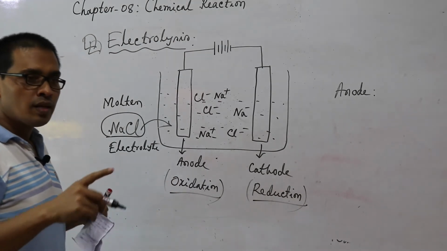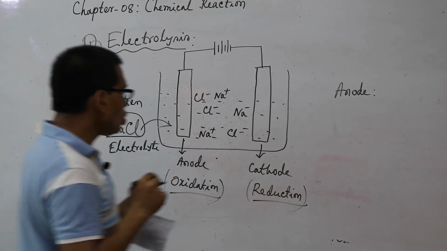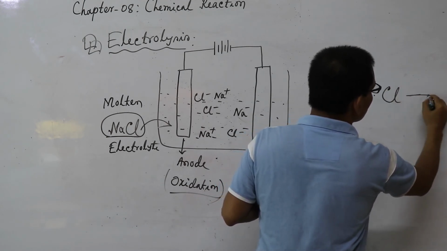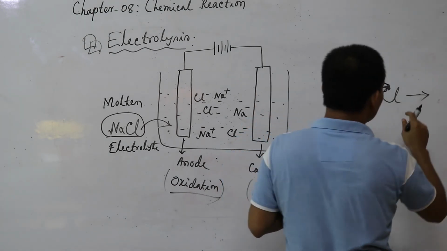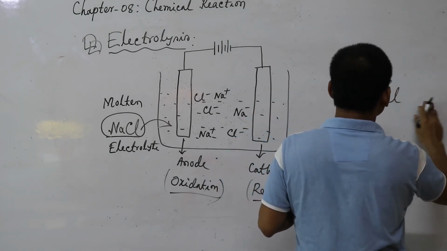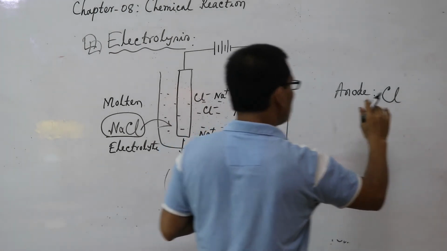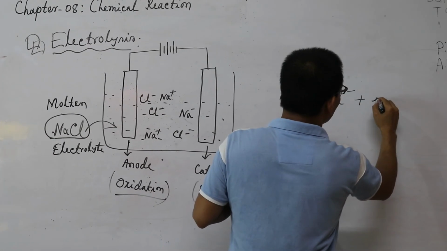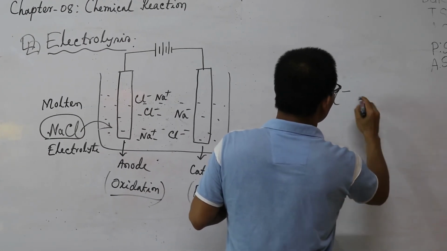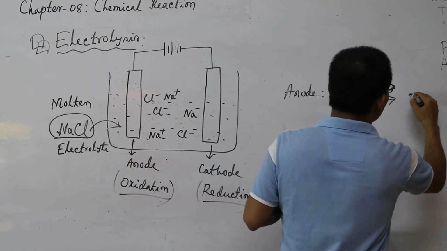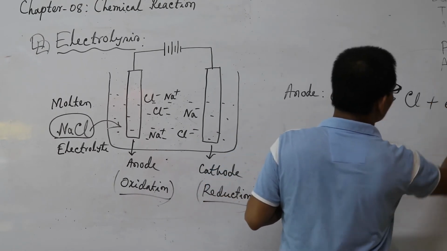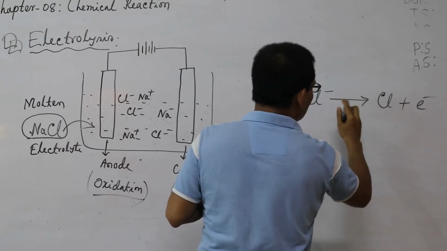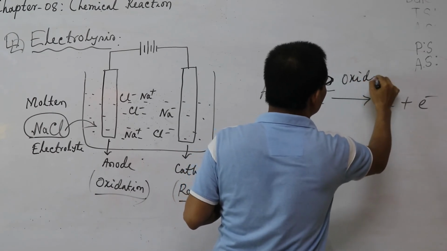In anode, oxidation, we know releasing of electron is known as oxidation. Here chlorine ion will release electron, and it is known as oxidation.